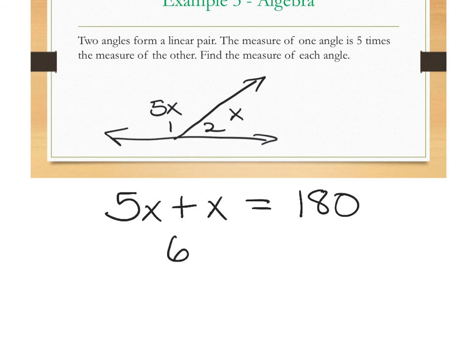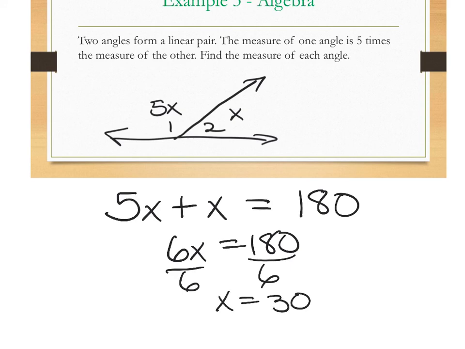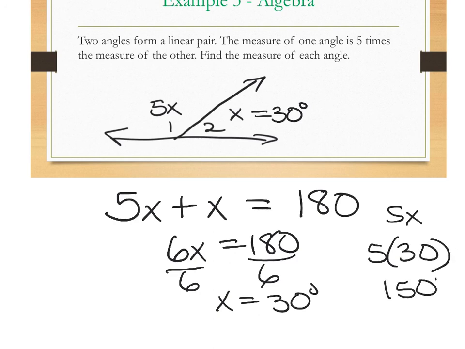I'm going to add my x's, divide by 6, and my first angle is 30 degrees. The other angle is going to be 5 times 30, because it's represented as the 5x, and it's 150 degrees. So my two angle measures are 150 and 30.